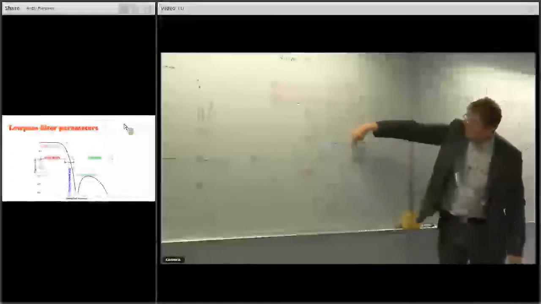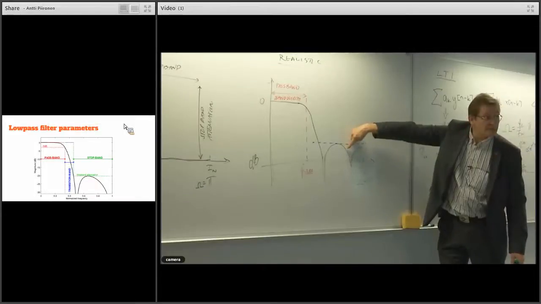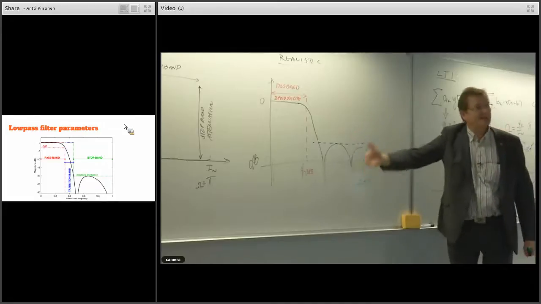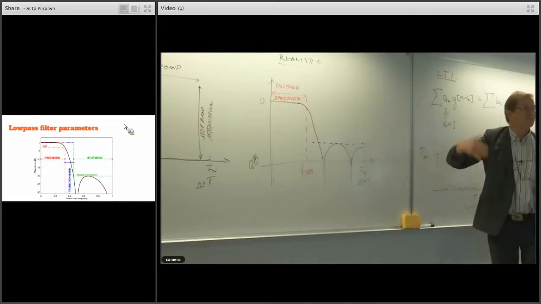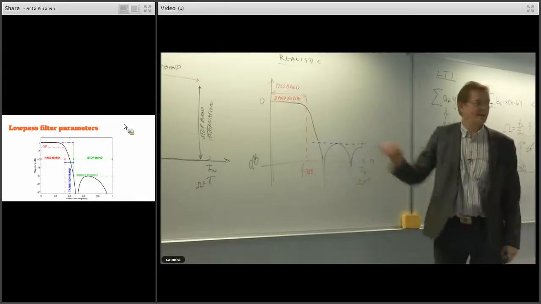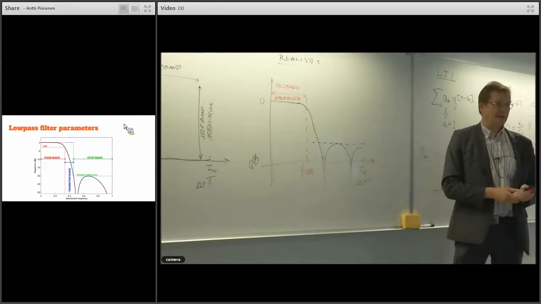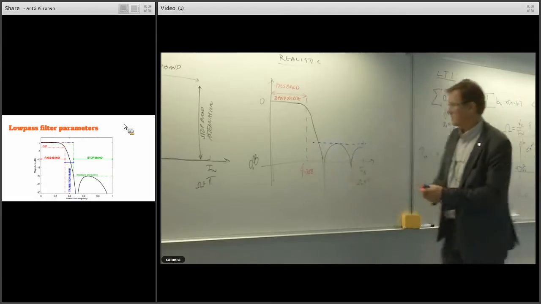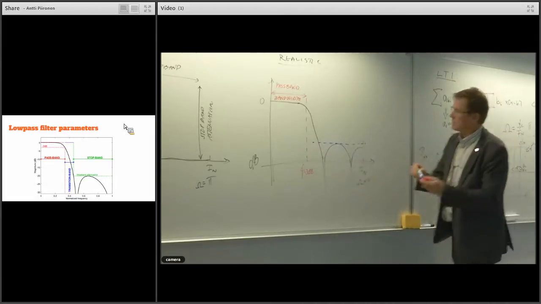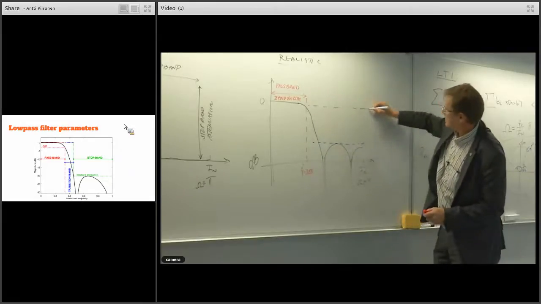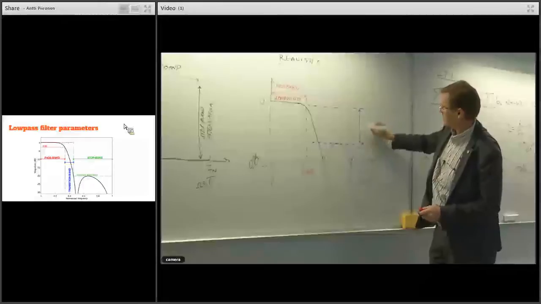We could define it also here if we can tolerate a wider transition bandwidth. But that depends on the application and requires a little bit of practice to finally find the correct place where the stop band starts and where the transition band ends. Anyways, it's defined so that at a certain level there's the stop band attenuation A.